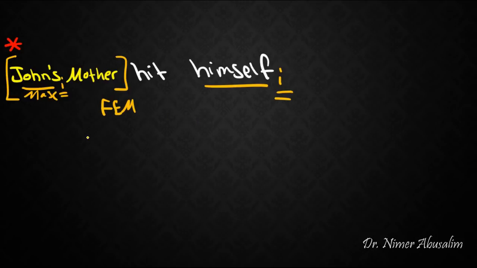Well, fine. What if we change it up a bit and say that we want to have this be k and have it refer to something that can c-command it, which is John's mother. Great, but now you have a gender mismatch. John's mother is feminine and himself is masculine. So in the first place, we cannot even give them the same index. This is wrong.